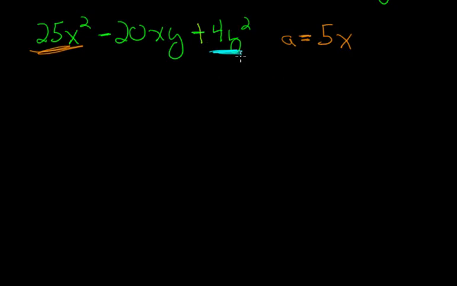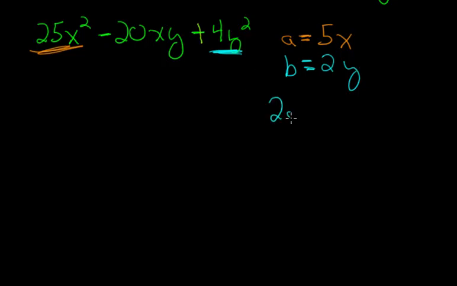And so is that a perfect square? Well, the square root of 4 is 2. This would say that b is 2y. And so I need my middle term to be a times b times 2. Well, I have the x and y in there, which is good. And so I know a and b are in there. But what about the 2 part of it? Well, 2 times 5 is 10, and 10 times 2 is 20, right?